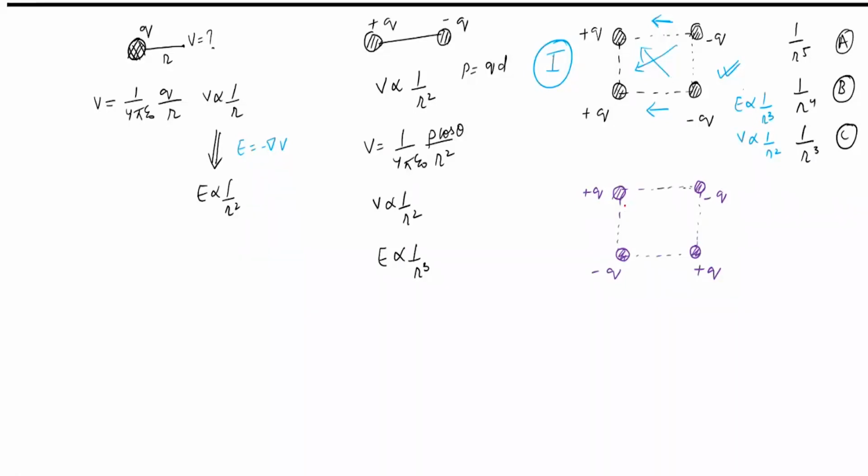But what about the second case? In that case, it should behave like no charge at all, right? Because plus q minus q is 0, minus q plus q is 0. Yes, sir. There is some deeper physics in that concept.